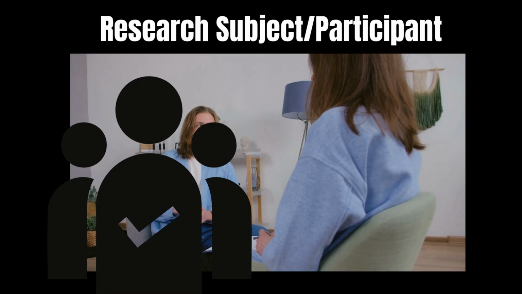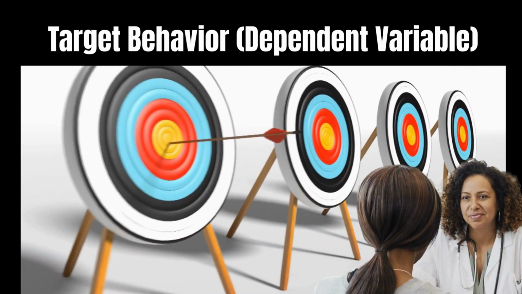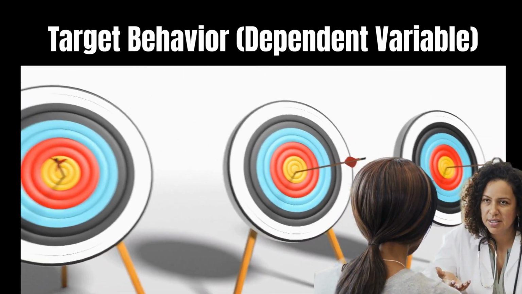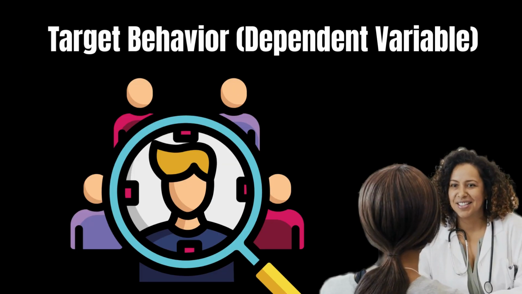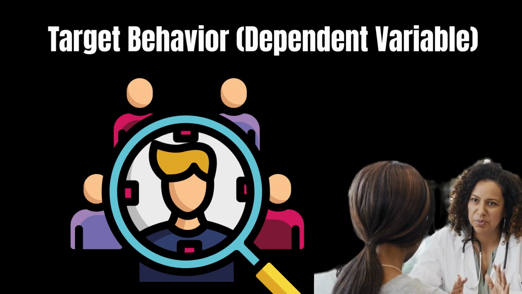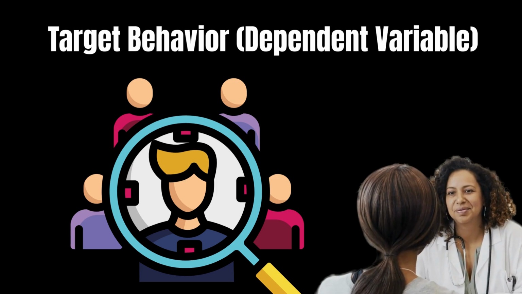Second, identify and briefly describe your dependent variable or target behavior for your research project. A target behavior or dependent variable is a behavior you are aiming to change, also known as the dependent variable in single subject research.